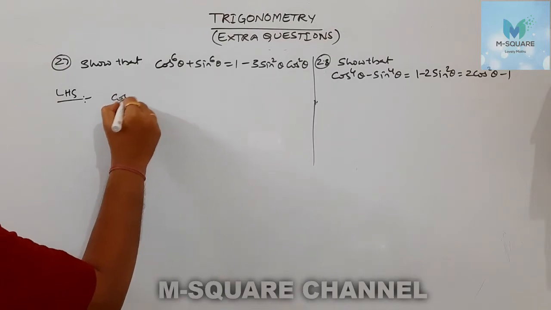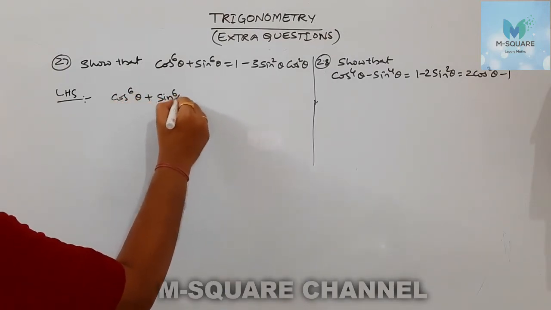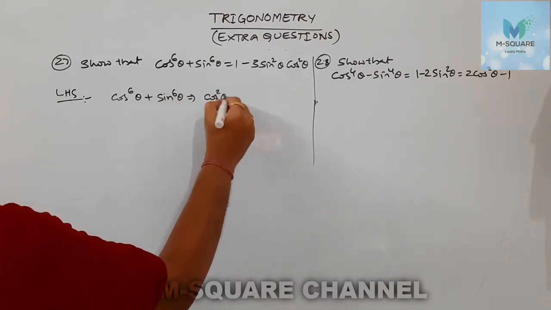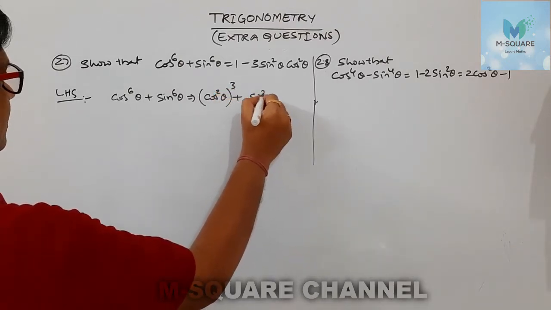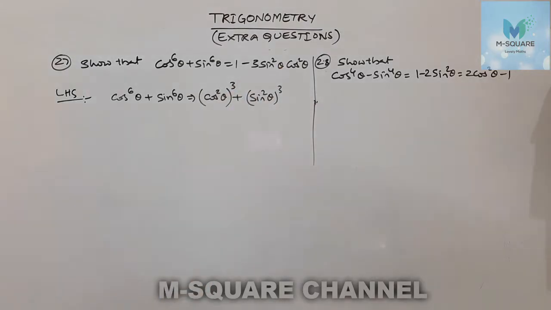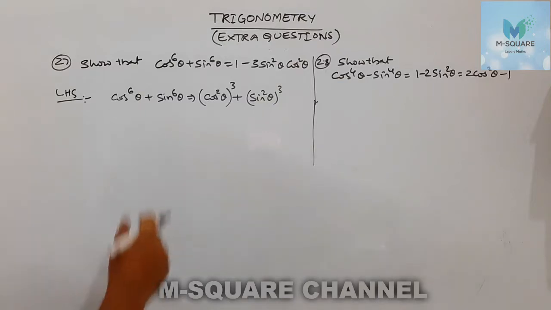Here cos power 6 theta plus sin power 6 theta equals (cos square theta) whole cube plus (sin square theta) whole cube. 3 twos are 6, so I split these powers into 2 into 3, like this.